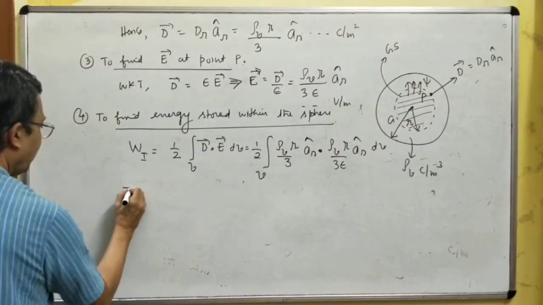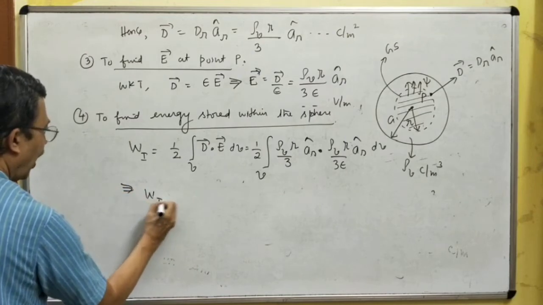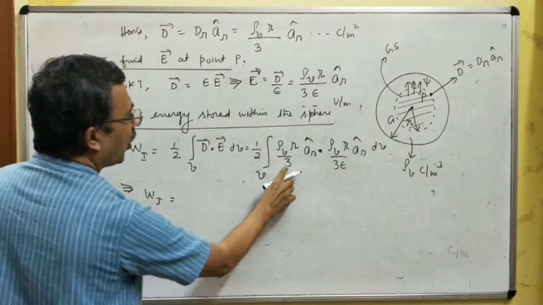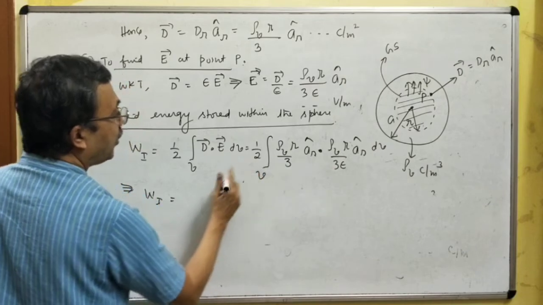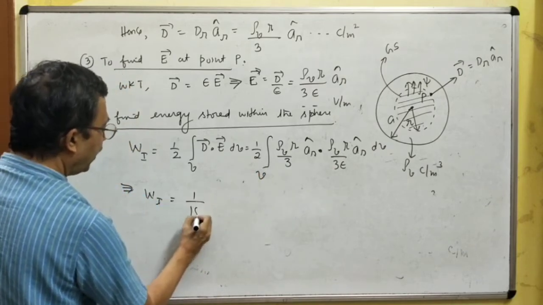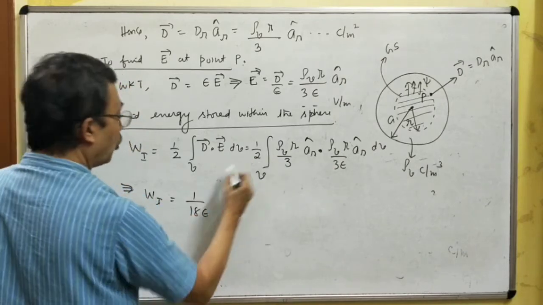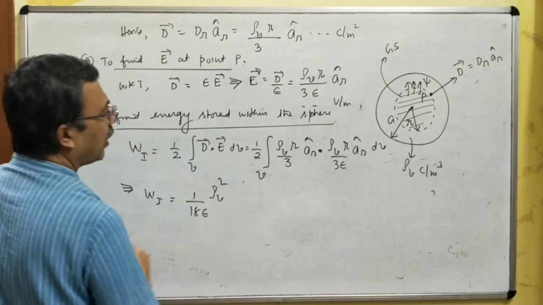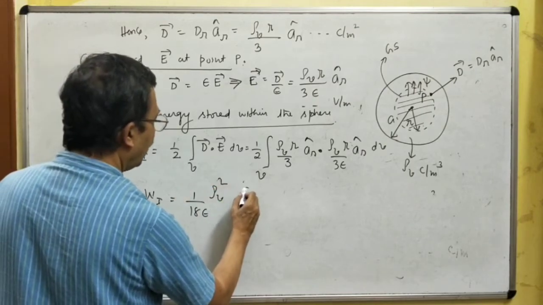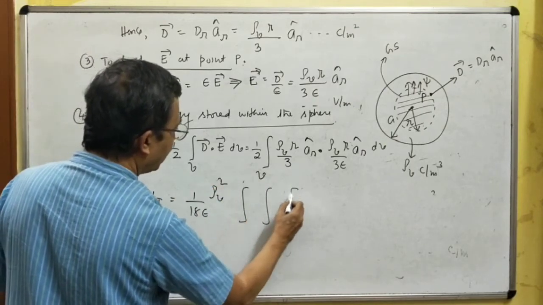This implies Wi is equal to 1 by 3 into 1 by 3 is 9, 9 into 2 is 18. So 18 epsilon, rho v square I will take out. The volume integral is a triple integral.